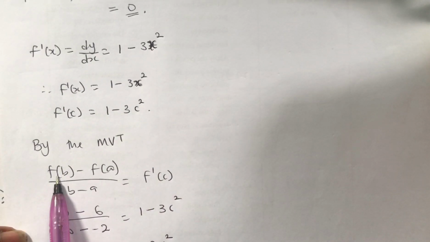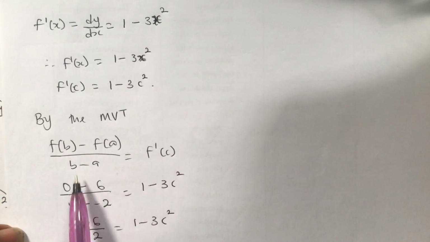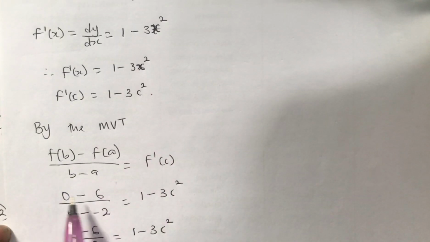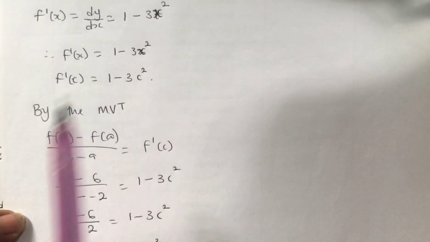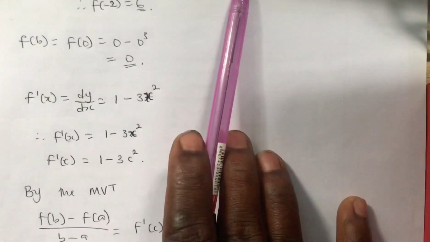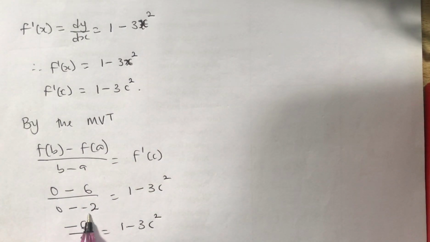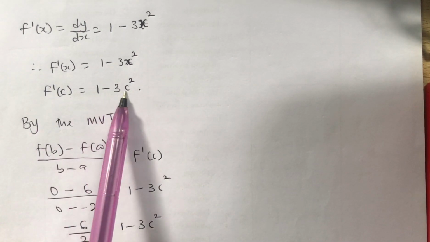The mean value theorem says that f of B minus f of A over B minus A equals f prime of C. Our f of B is 0, so it is 0 minus f of A, and our f of A is 6. So we have 0 minus 6 over B minus A, which is 0 minus -2, equals f prime of C, which is 1 minus 3c squared.